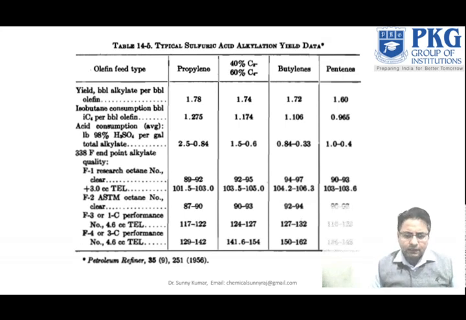So these are the different TEL performances. For the performance number with 4.6 cc TEL, it is 129 to 142, 141.6 to 154, 152 to 162, and 136 to 148. So we have seen these are the typical sulfuric acid alkylation yields.